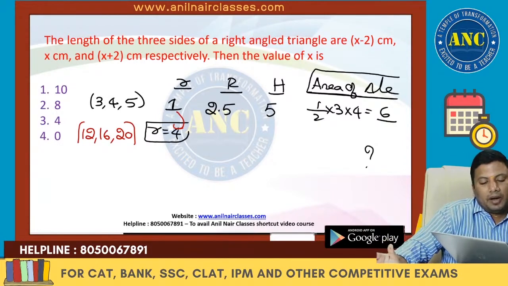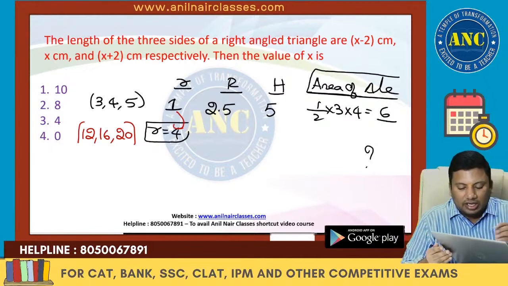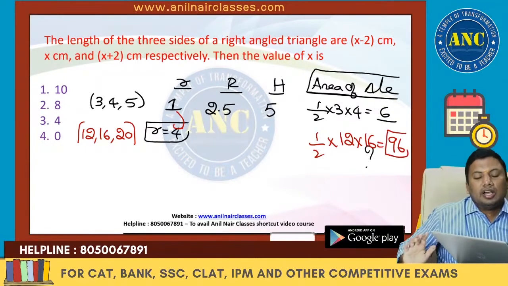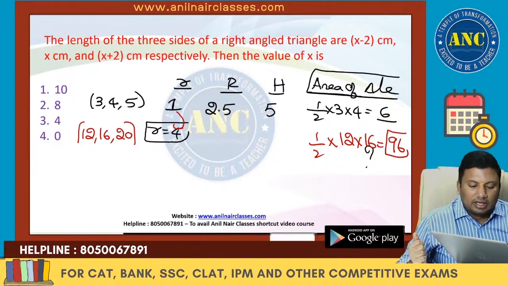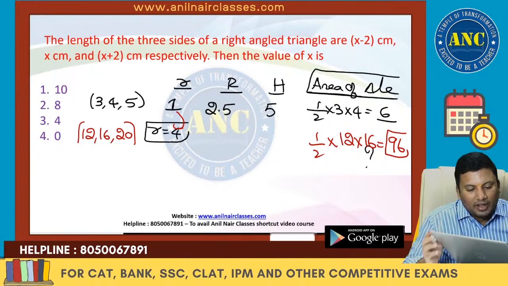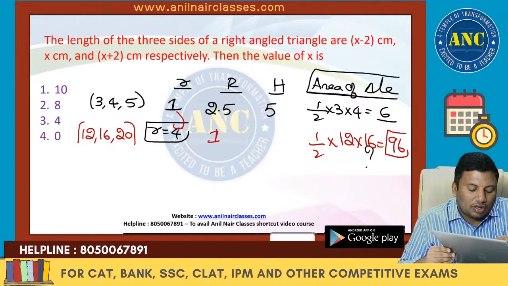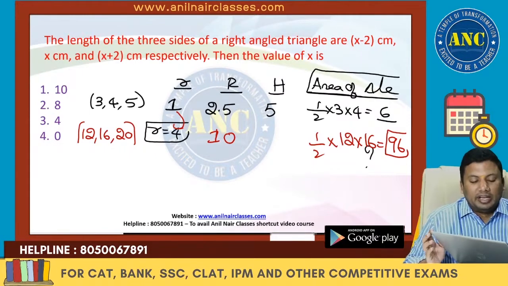The area is half into 12 into 16, which is 96. Directly, it is multiplied by 4. The circumradius is half of the hypotenuse, which is 10. I hope it is clear.